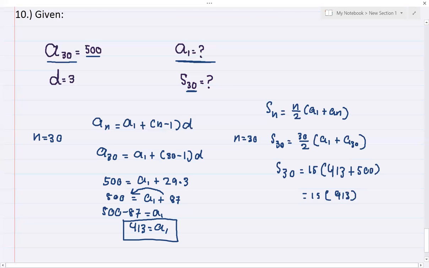Okay. So, by doing so, multiply it by 15, you will have your final answer of 13,695. So that is your S sub 30.